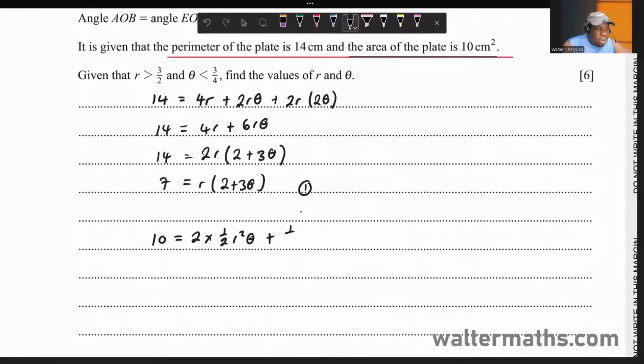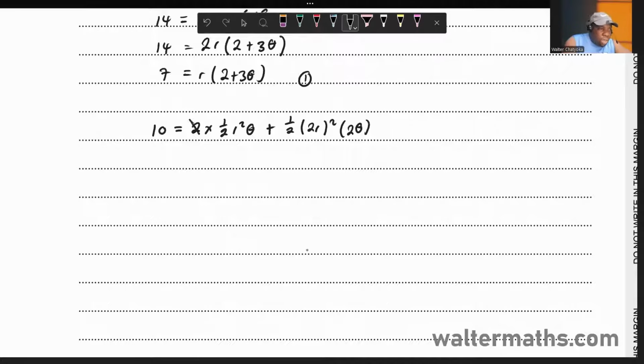So half of the radius 2r squared, of the angle 2 theta here. Canceling, we have r squared theta, and here half times 4 is 2, so 4r squared theta. So 10 is actually 5r squared theta, and dividing both sides by 5, we get 2 equals r squared theta. We're going to call that equation 2.